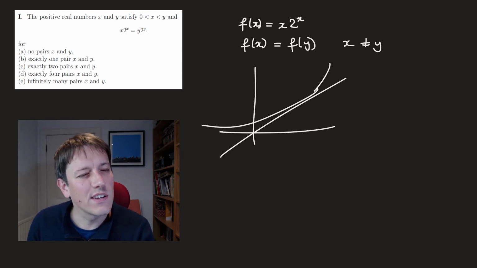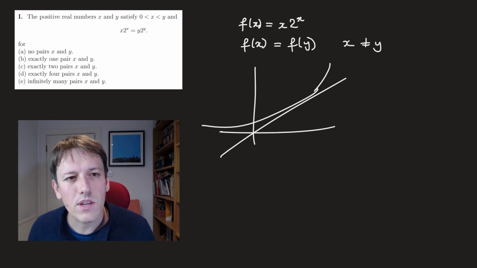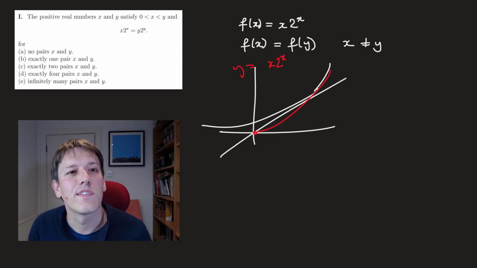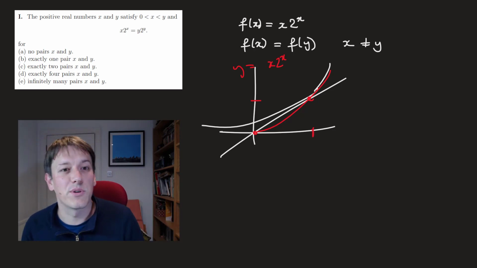For negative values, I might get something a bit complicated because I'm multiplying a negative by a positive here. But for positive values, they're both just strictly increasing functions, right? So it's going to start at 0 times 1 at 0, and so x times 2^x here is also going to be an increasing function. That means that if you give me a particular value of f(x), there's a unique inverse point here, for the positive values at least, right?